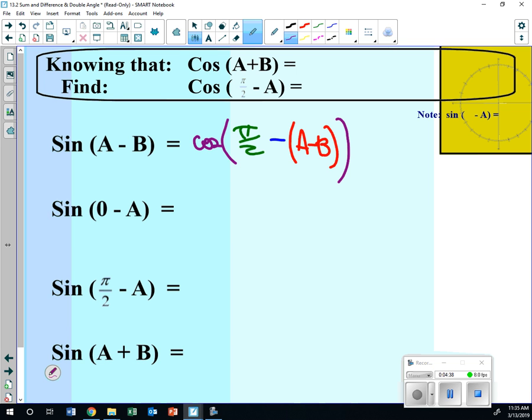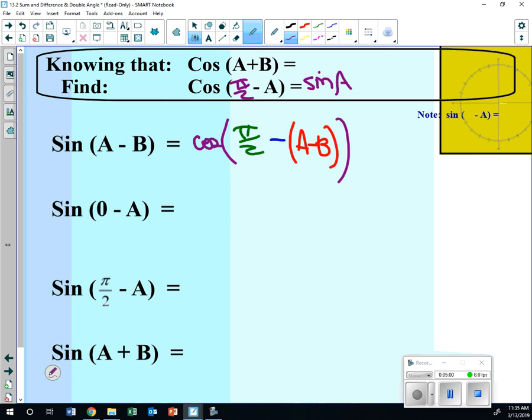So let's talk that through again. If we have the sine of something, it's the cosine of pi over 2 minus that. We proved that just earlier. Cosine of pi over 2 minus A is just the sine of A. So we just took cosine of pi over 2 minus that to give you the sine of that.